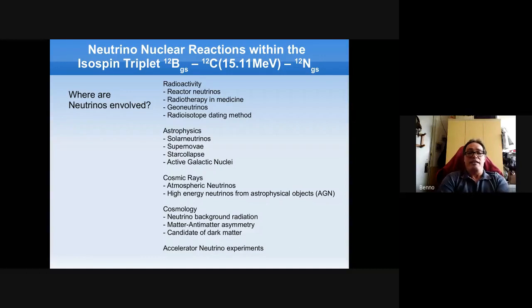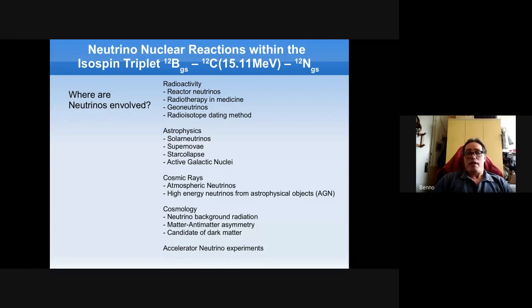We have dating methods with radioisotopes like carbon-14. Neutrinos play a role in astrophysics, like the solar neutrinos, supernovae or star collapses, and active galactic nuclei.